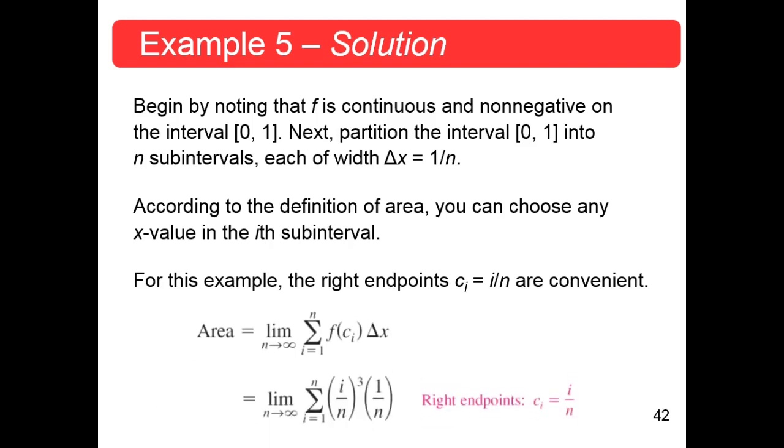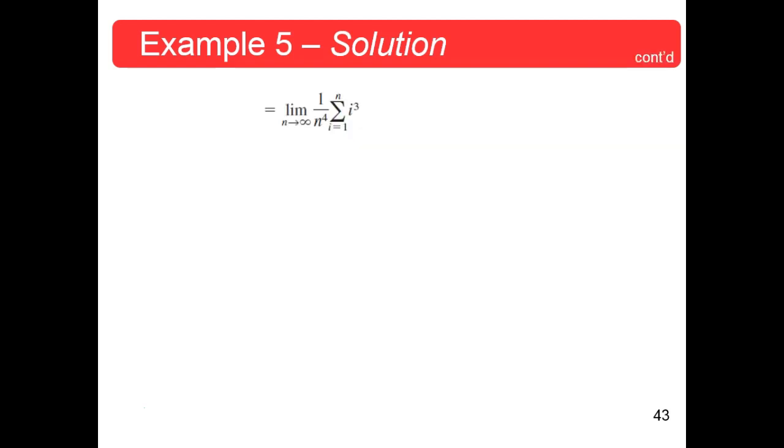So that will then be i divided by n. Then you're going to cube that and multiply it by delta x. Well, that would be 1 over n to the 4th, because this is cubed, and that is the summation of i cubed. You've got to go back and look and see what your summation of i cubed is.